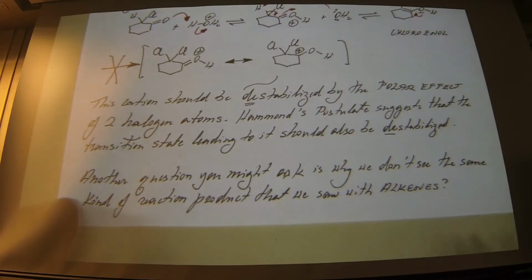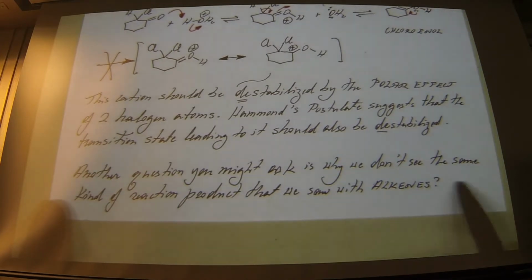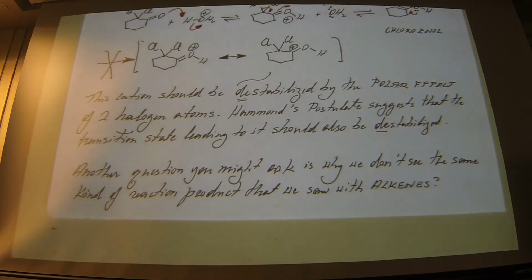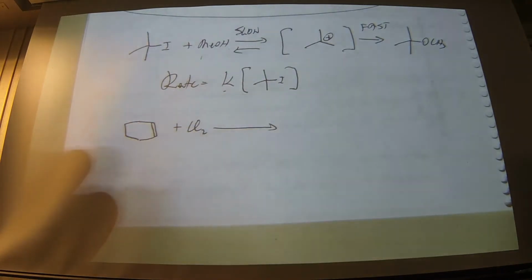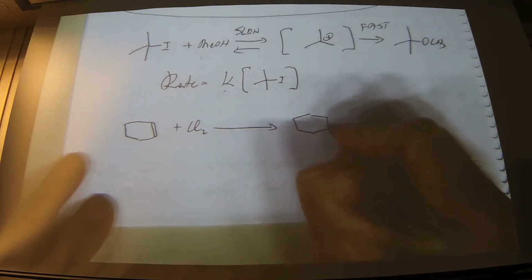Okay, so this is maybe a little bit different question. How come we don't see the same kind of reactivity that we saw with alkenes? Let's take cyclohexene. Keep this with chlorine, not radical conditions, just ionic conditions. Then remember what happens. You get a chloronium ion.